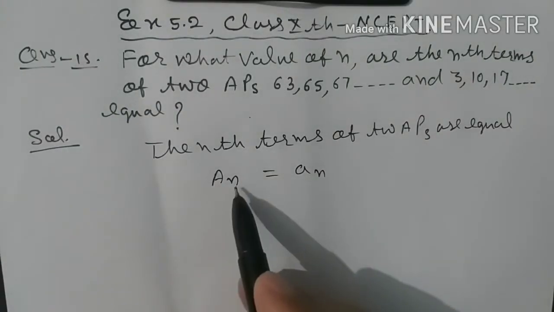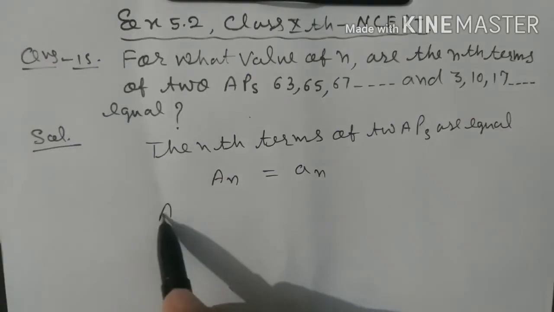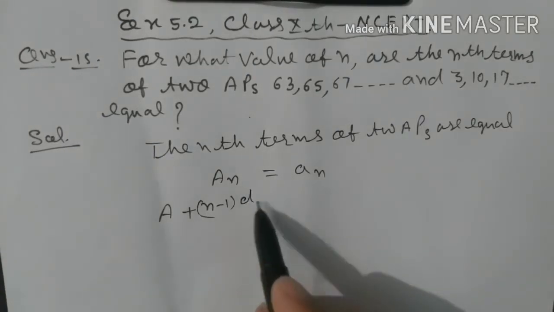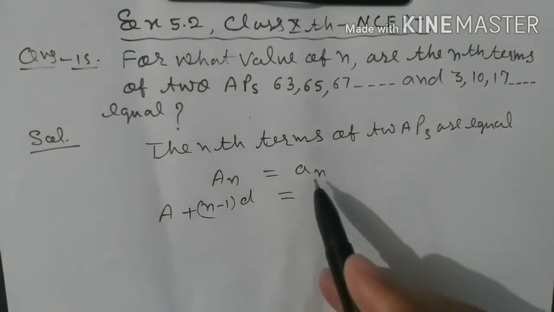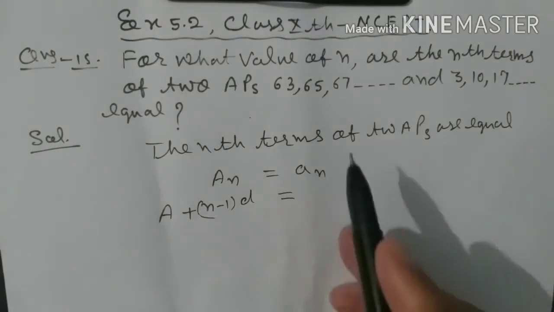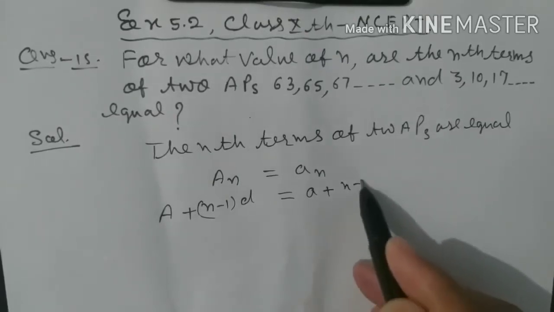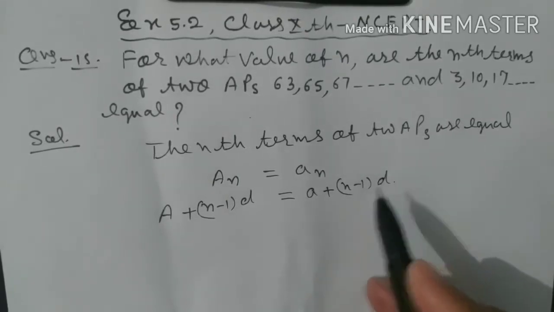Now an means a plus n minus 1 into d is equal to a plus n minus 1 into d.